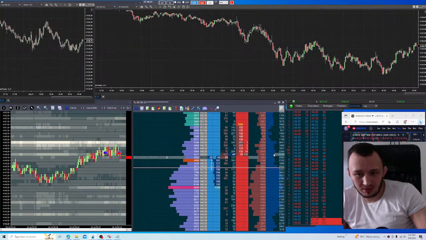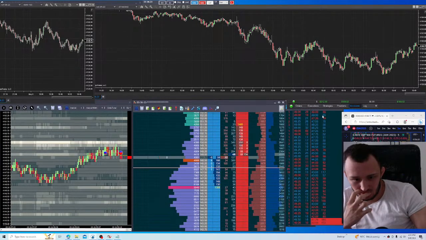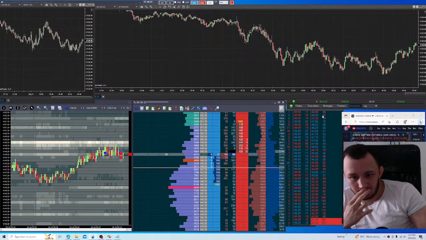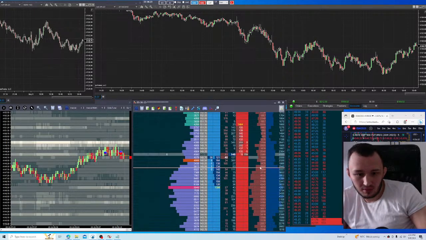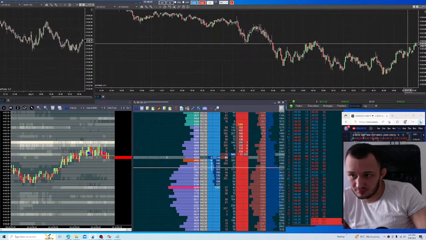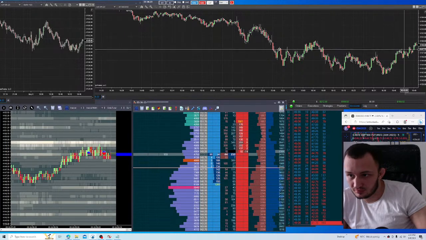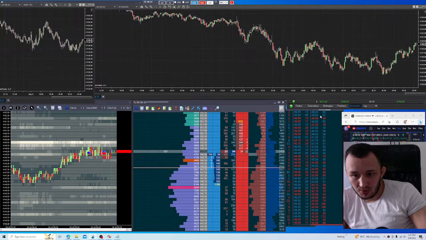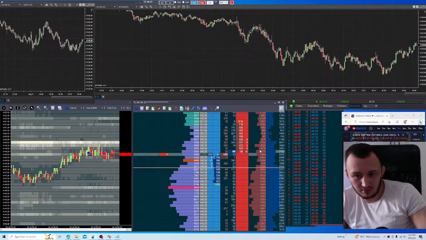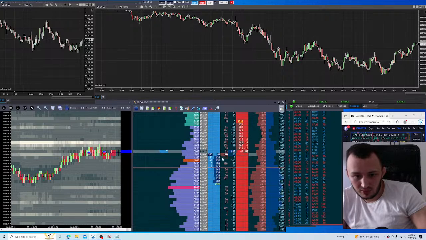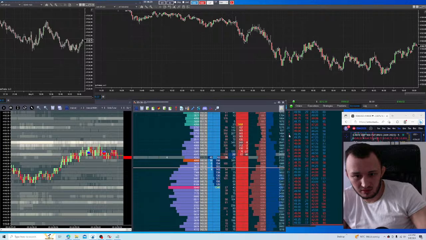Now maybe we wanna test the 50s. We do still see some big buying here. 49s. Mid-size is now starting to sell. Here again, some buying on the mid-size.